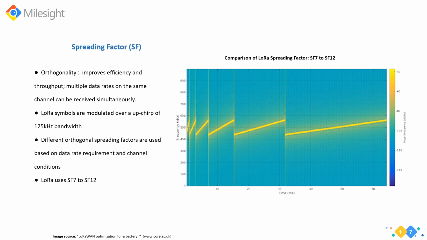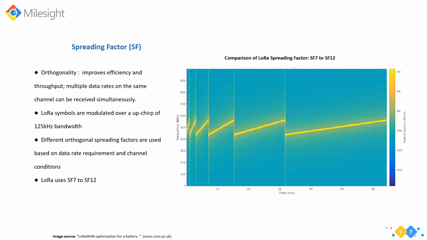LoRa modulation has a total of spreading factors from SF7 to SF12. The bigger the spreading factor used, the larger the range, the bigger the distance the signal will be able to travel and still be received by the receiver without any problems.